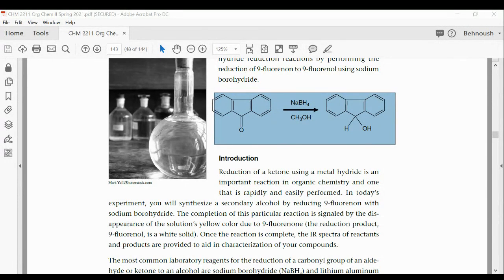Because if you have leftover reactant mixed with the product, the peak at 1700 would still show. So if the peak at 1700 disappears, there is no leftover reactant and your product is pure.